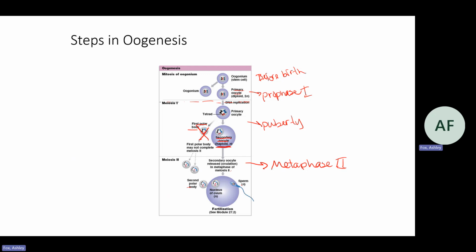Only when fertilization occurs, then we have meiosis 2 finishing. We have our second polar body that we get rid of, and we have the mature ovum.